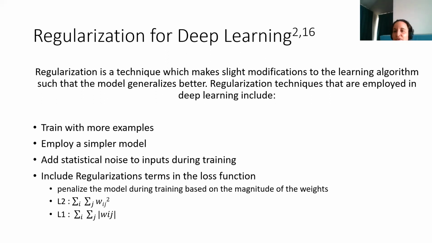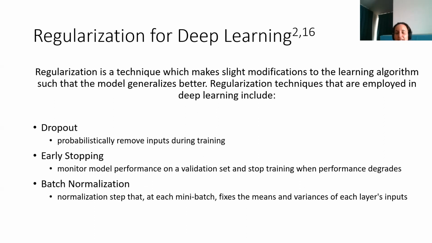So basically, you try to suppress the weights of the models. You try to learn smaller values for them, and depending on whether you have L1 or L2, it suppresses more or less.